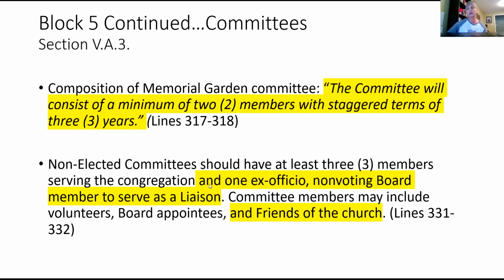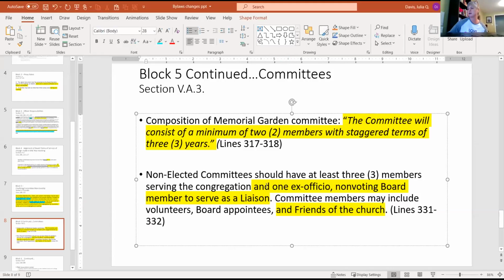So I'm wondering, in order to reduce workload, how about if we change it to say at least 3 members serving the congregation, and one of those members may include an ex officio. Yes, that's it.